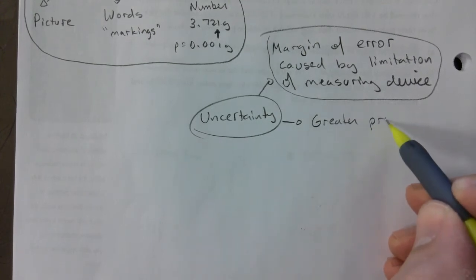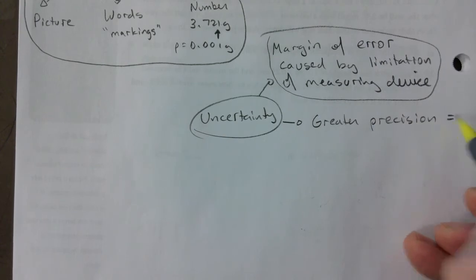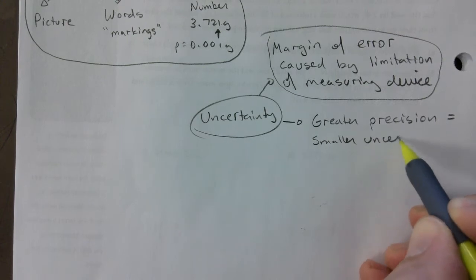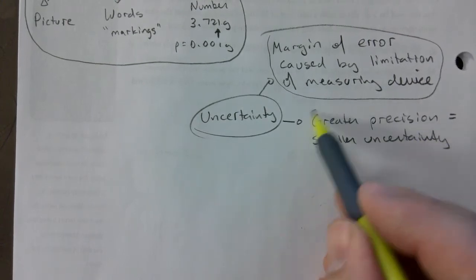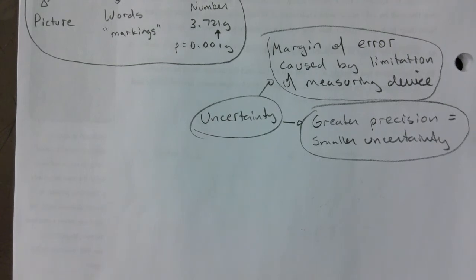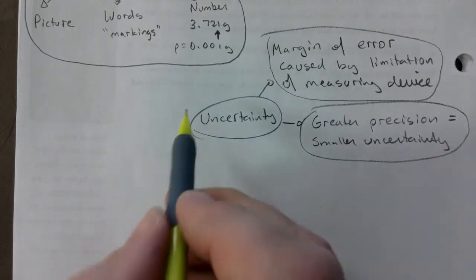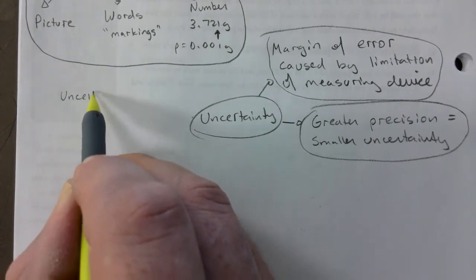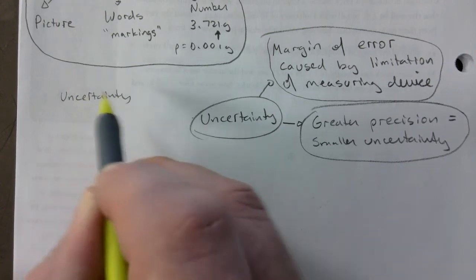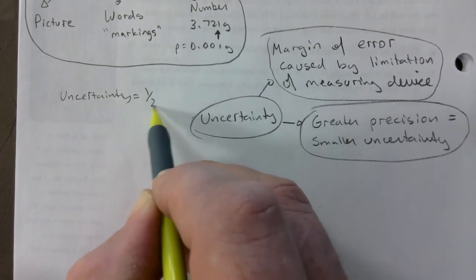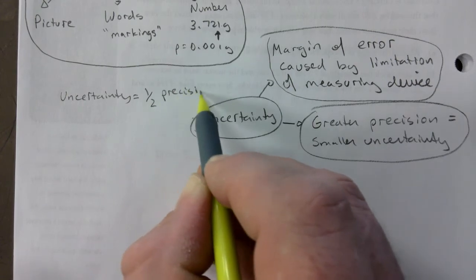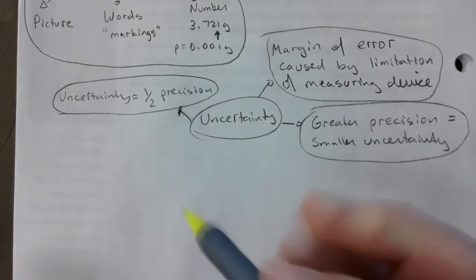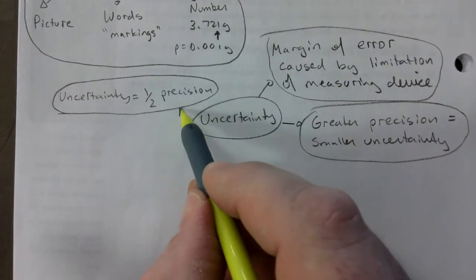Greater precision equals smaller uncertainty. And of course, uncertainty is equal to half the precision. There.